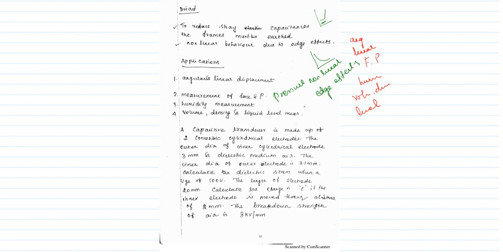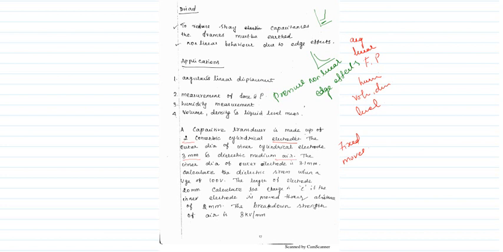So we are going to discuss one problem. A capacitive transducer is made up of two concentric electrodes. In the theory itself we had a discussion: one is fixed, the other one is movable. The outer diameter of the inner cylindrical electrode is 3 mm.